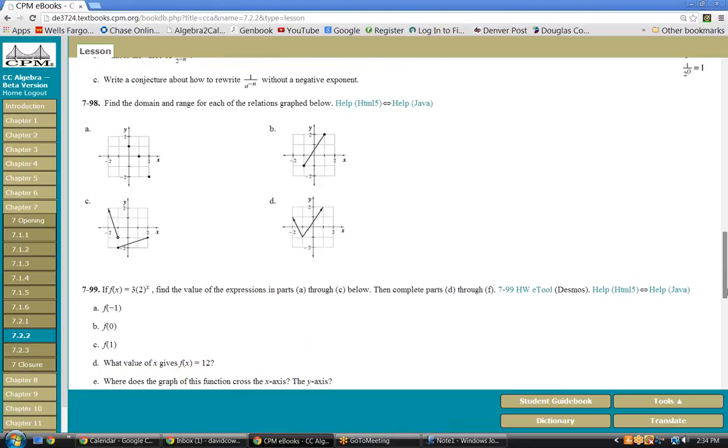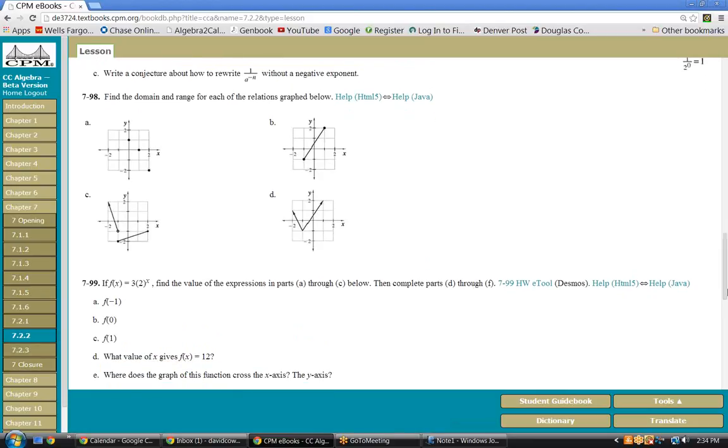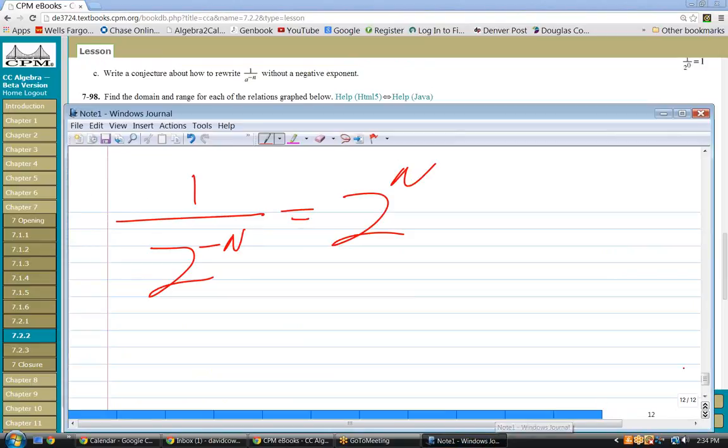Yeah, what's a conjecture? It's a statement about how we would handle this. So tell me how you would write that. A to the n.